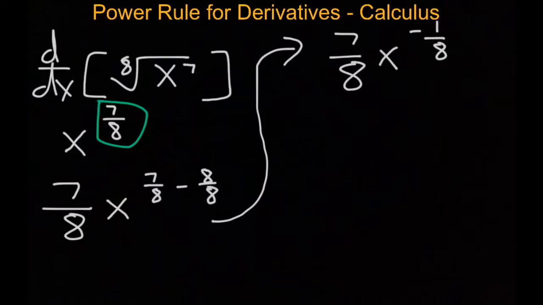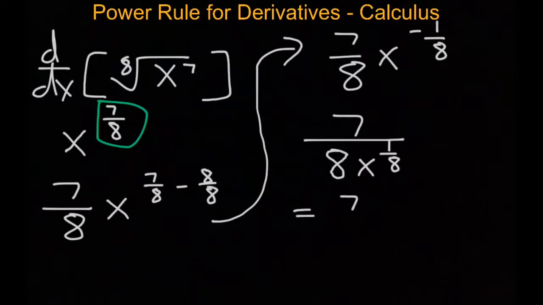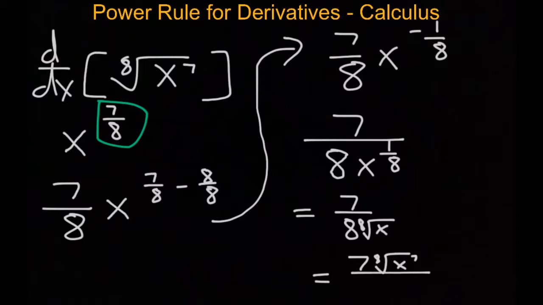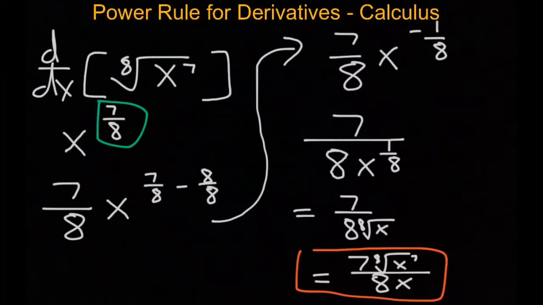So let's bring x to the power of negative 1 over 8 to the denominator. So then we'll get 7 over 8 times x to the power of 1 over 8. So we could rewrite this as 7 over 8 times the 8th root of x. And if we rationalize this, we'll get 7 times the 8th root of x to the 7 over 8 times x. And this is our final answer.